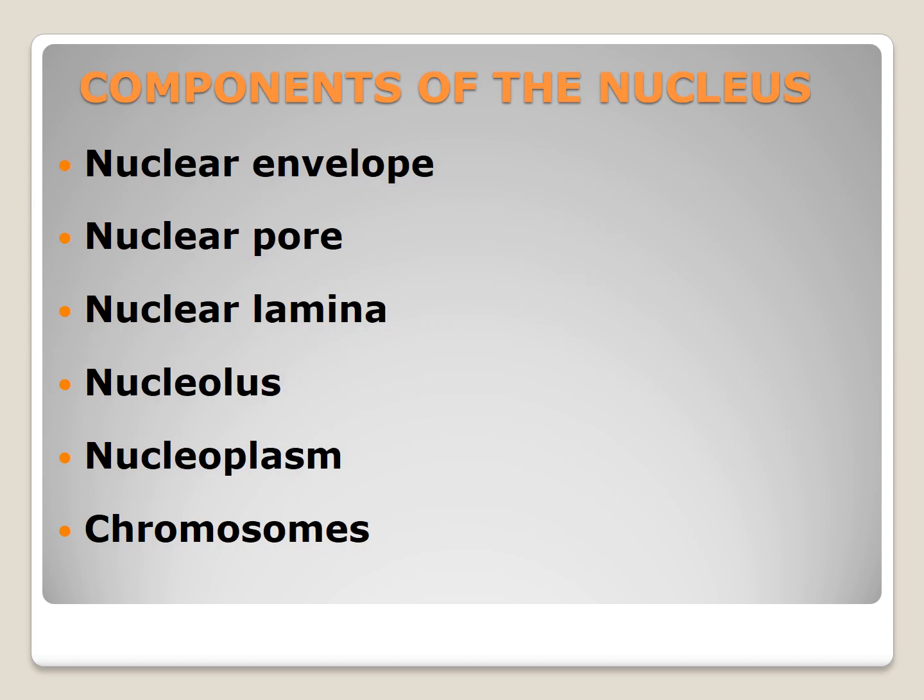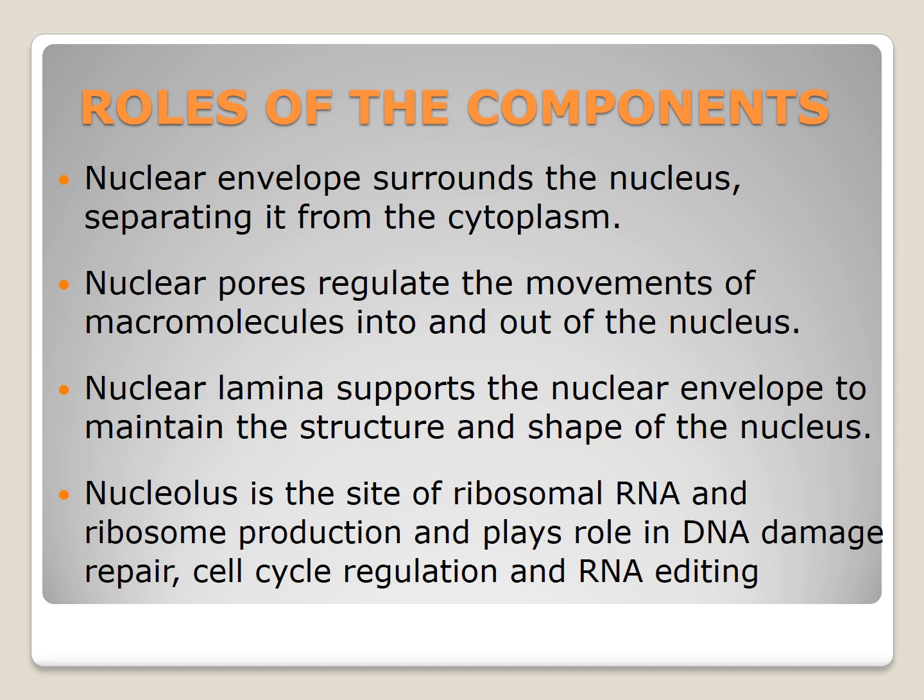The nuclear components include the nuclear envelope, the nuclear pore, the nuclear lamina, the nucleolus, nucleoplasm, and the chromosomes. These nuclear components have their functions or roles they play in the cells.